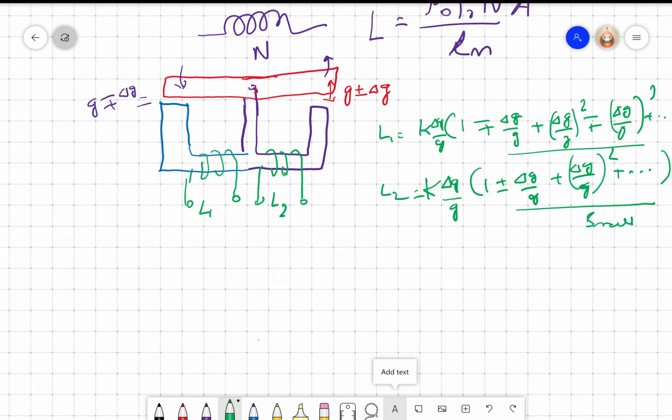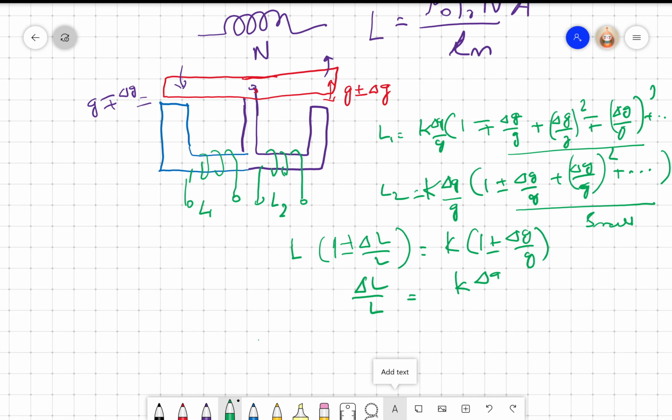Then I can write it as L into 1 plus or minus delta L by L is equal to some K into 1 plus or minus delta G by G. So delta L by L, I can write as K into delta G by G.